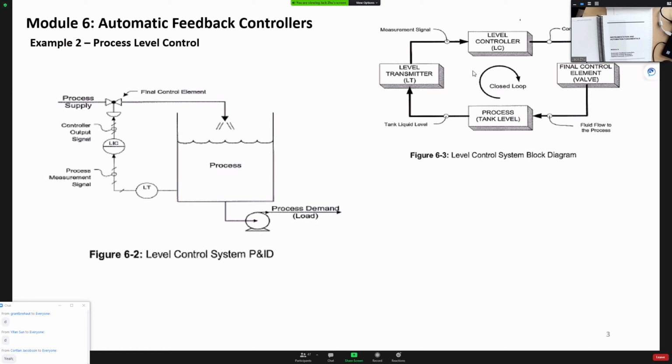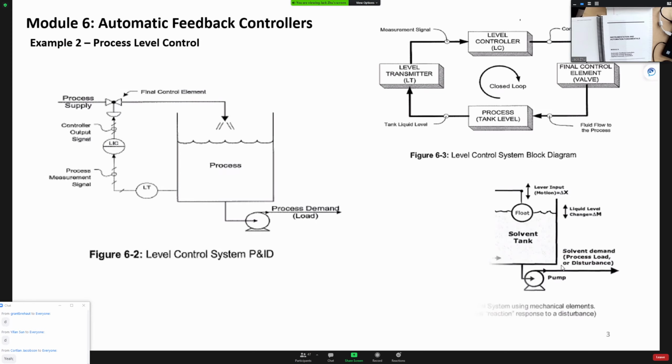This is a closed loop control system using negative feedback. If the pump draws more from the tank, the level will drop and the level transmitter will send a signal to the controller. The controller is supposed to open the valve to let more liquid into the tank.